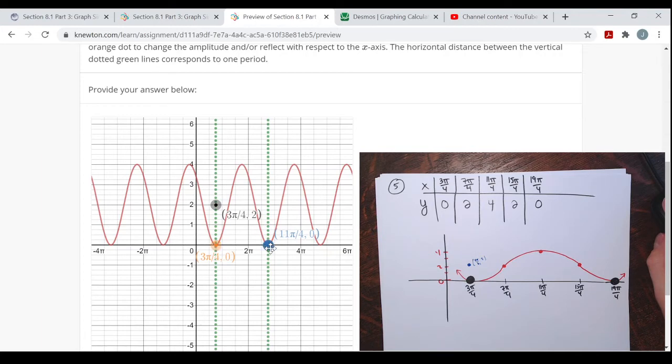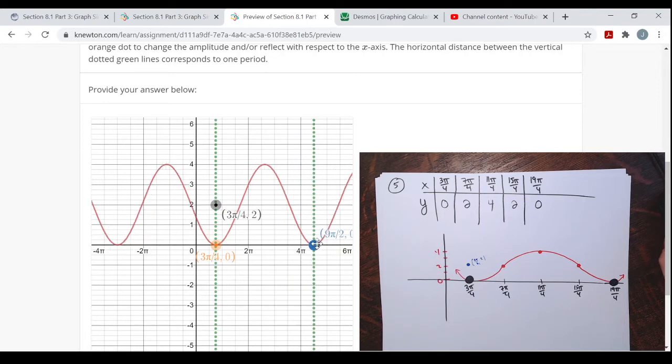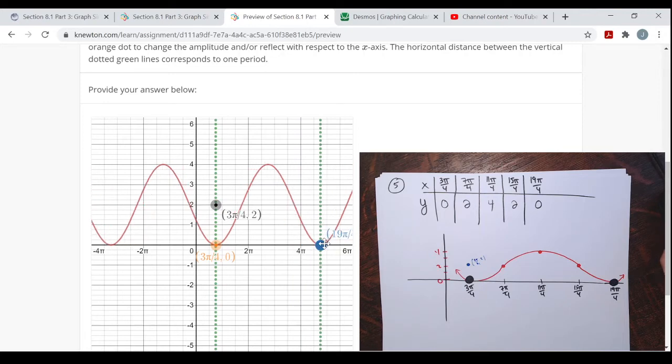Now I just need to move this blue dot to the other end. I need that to be at the end of my cycle at 19 pi over 4 comma 0. So right now it's at 11 pi over 4. Now 19 pi over 4 is bigger than 4 pi. 18 pi over 4, 19 pi over 4. There it is, 19 pi over 4 comma 0. So you see the cycle I just drew?